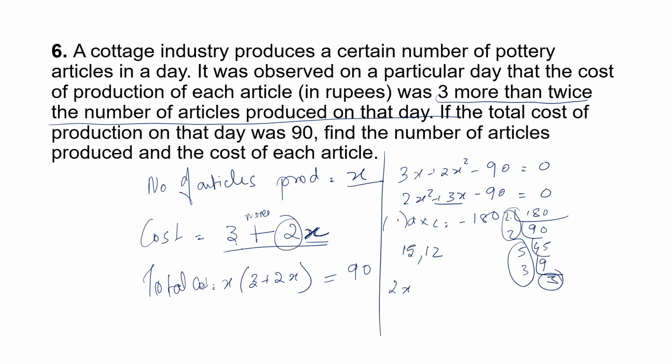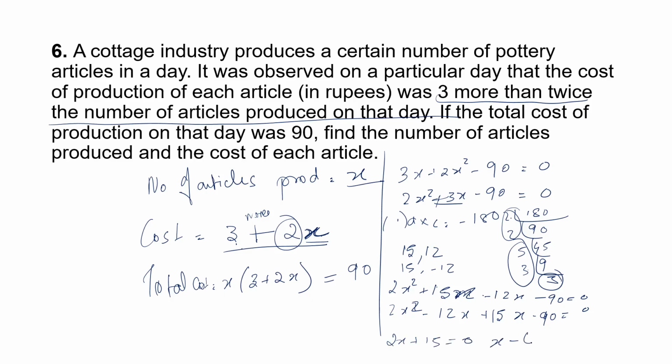So it should be 15 and minus 12 because we have to get plus 3 here. 2x square plus 15x minus 12x minus 90 equal to 0. When we factorize, we will get 2x plus 15 equal to 0, or x minus 6 is equal to 0. So x is equal to minus 15 by 2, or x is equal to 6.